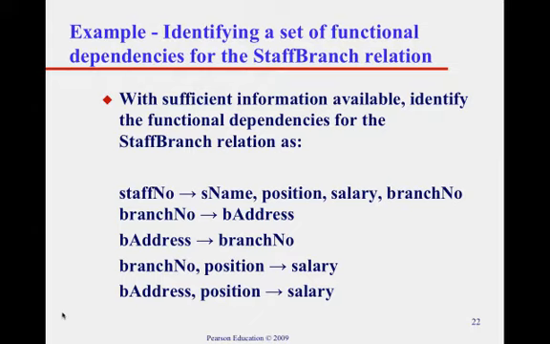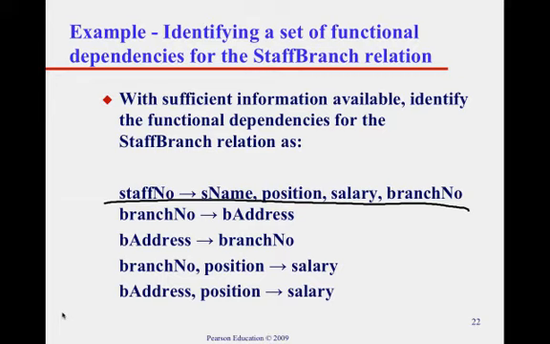It doesn't necessarily mean you'll find one dependency that uniquely determines all attributes. So here, this one comes close, but what's it missing from the staff-branch relation?